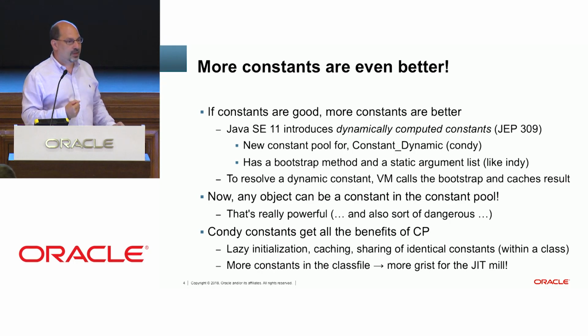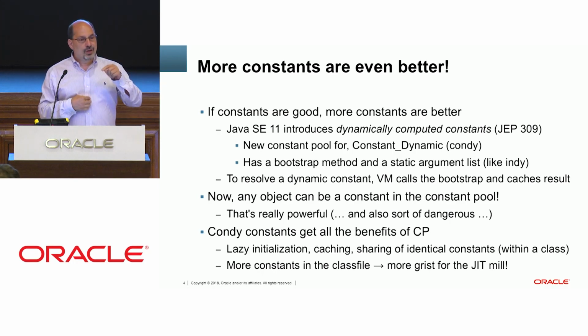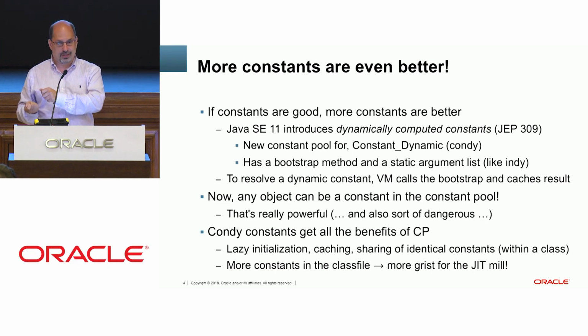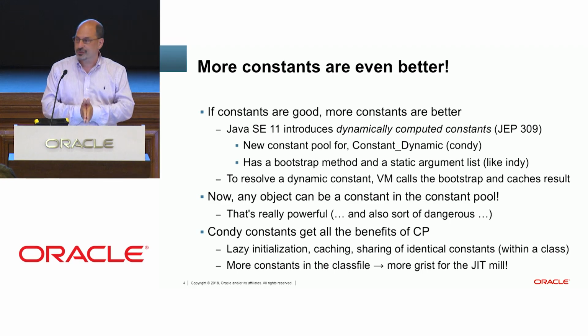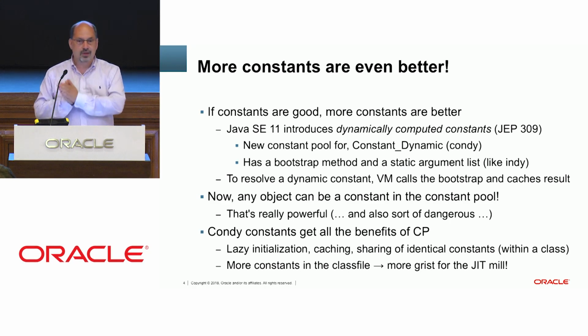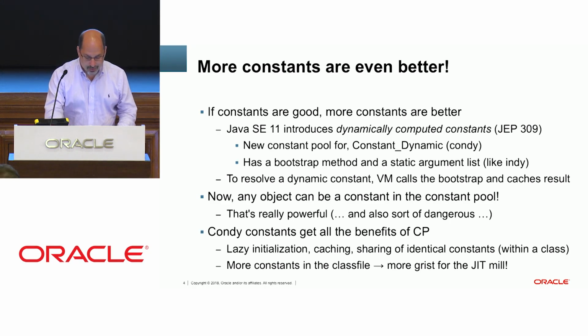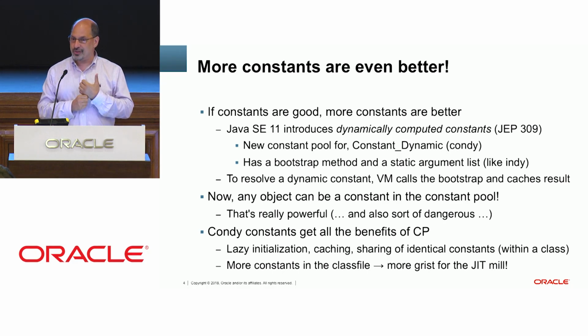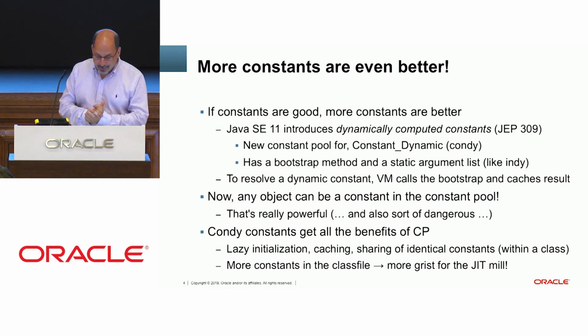But unlike invokedynamic, the arguments compose. You can have a ConstantDynamic whose arguments are other dynamic constants. So you can express much richer structures in the constant pool using ConstantDynamic than the equivalent tricks with Indy. This is really powerful. As Dan mentioned, it's also a little bit dangerous in that you can write bootstraps for things that aren't actually constants, and much hilarity can ensue.